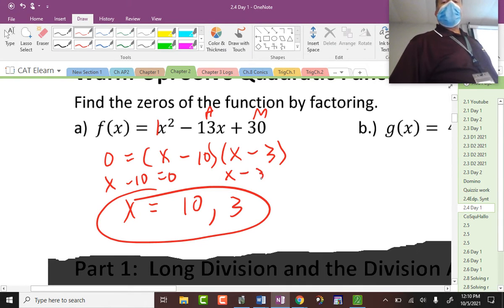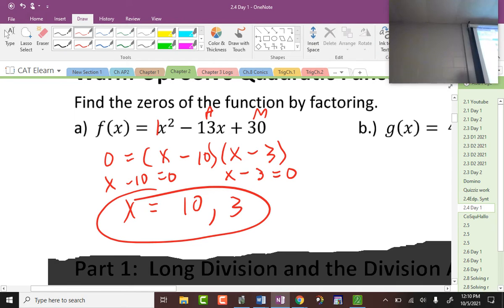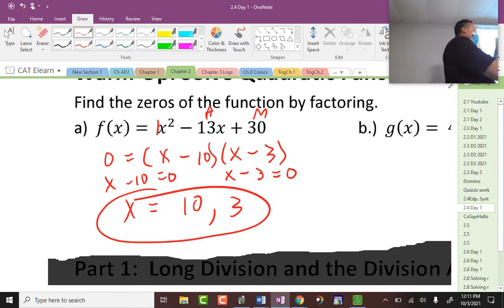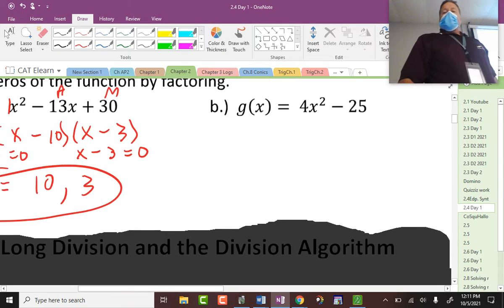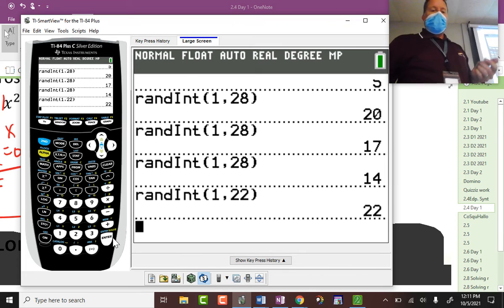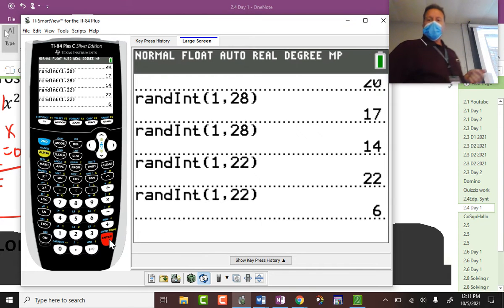Hey, write the zero product property. I guess I should make you do that so you don't make the mistake of saying negative 10 and negative 3 are the final answers. So I do want to make a point of that. But I thought we were at a level that we could write it in factored form and then just write the zeros. So there's give and take. Try to make this as easy as possible.